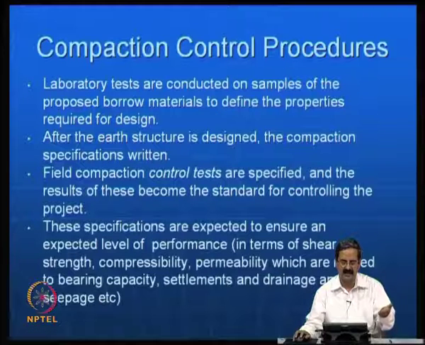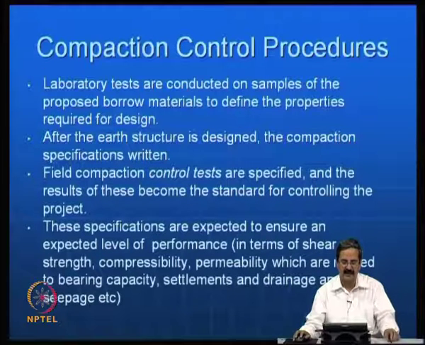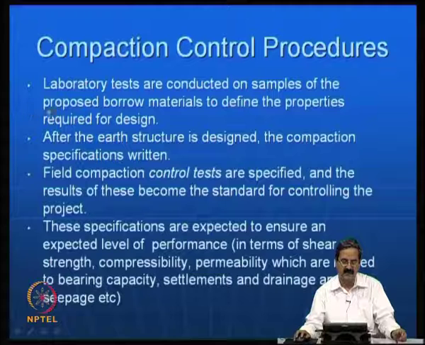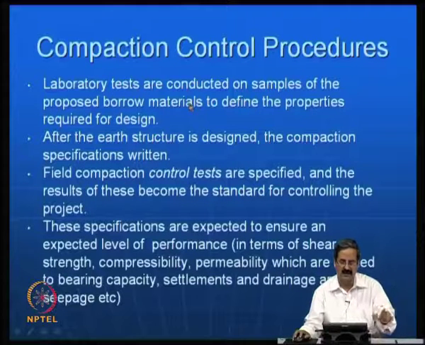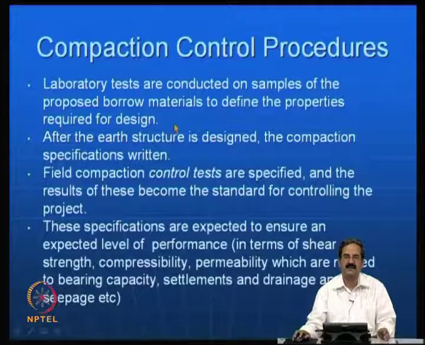There are many soil layers. For example, if the soil is black cotton soil, you must be able to put another layer on that and then see if that material has good properties. So, we do laboratory tests to see if the soil materials that you borrowed have good properties required for design.